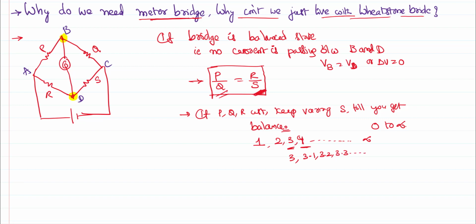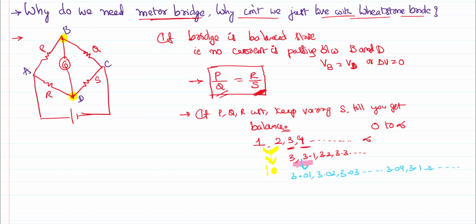That means between every 2 resistors now 10 more readings. Hope you will get a balance, but you may still be missing it between these 2 also. If you don't want to miss it, you have to put 3.01, 3.02, 3.03 till 3.09 and then 3.1 ohms.